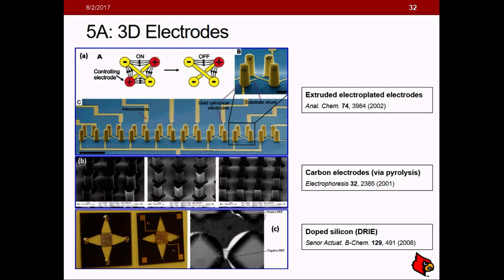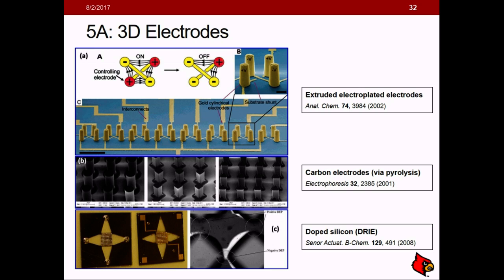And there are three traditional ways of doing so. One is extruding it with electroplated structures, so a microfabrication technique where you use a thick photoresist and you electroplate your metal extruded up off the surface.